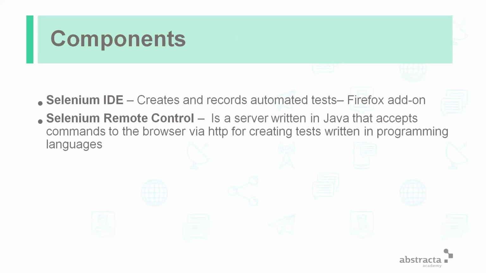It accepts commands to the browser via HTTP for creating tests written in programming languages, like Java, C Sharp, or other languages. Also, Selenium RC is called Selenium 1 because it was the first version. Actually, it's no longer being used.